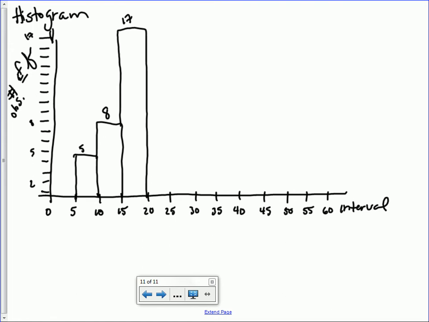And what you should notice is that this interval is 6 to 10. This interval is from our chart 11 to 15. I'm not being very particular about how it marks on the axis, but I could be. If I was using a computer program, it would be very exact of where the line begins and ends. From 21 to 25 is 13.